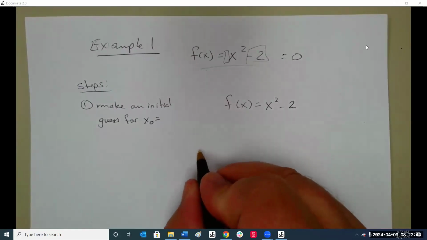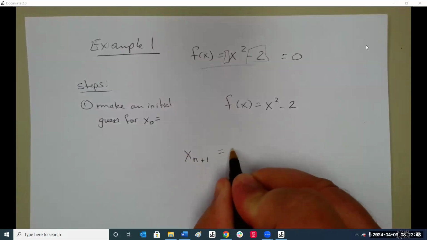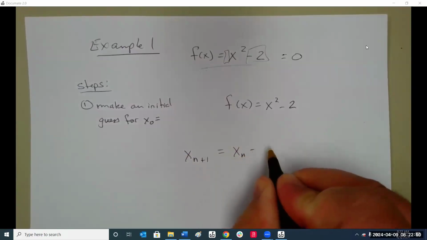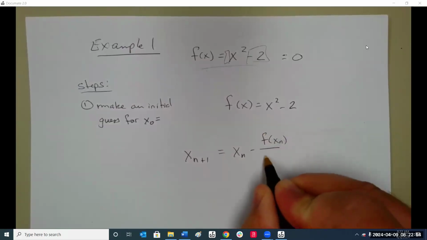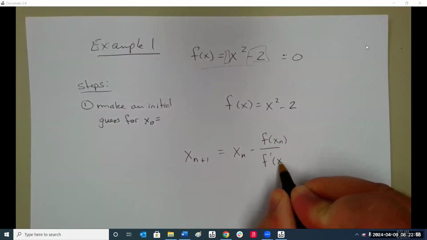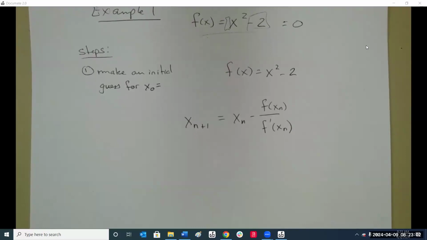The formula we'll be using, so let's look at this.